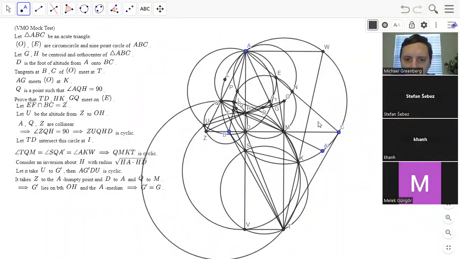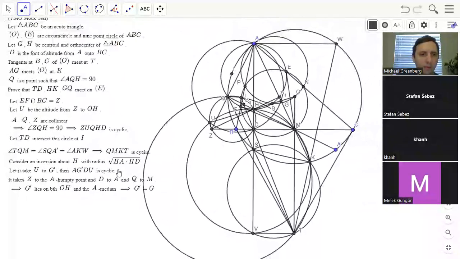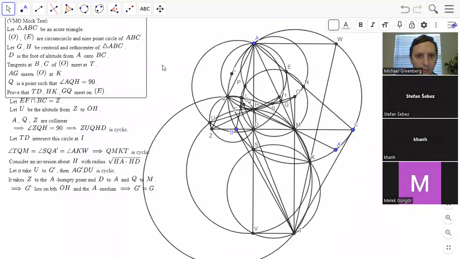You just project through T and take the cross ratio H, S, D, infinity. So D is the midpoint of HS. Okay, let me maximize just a tiny bit, and shift the whole page.